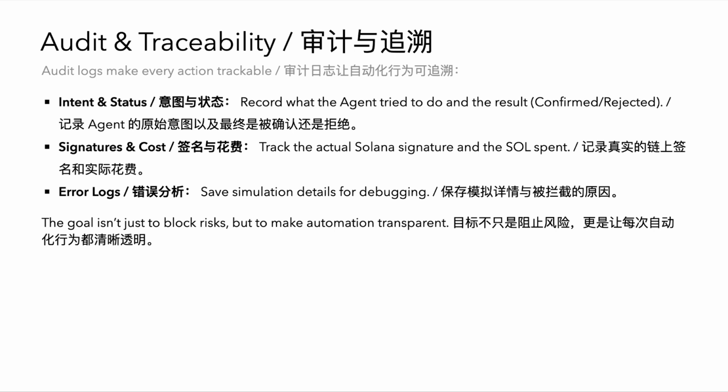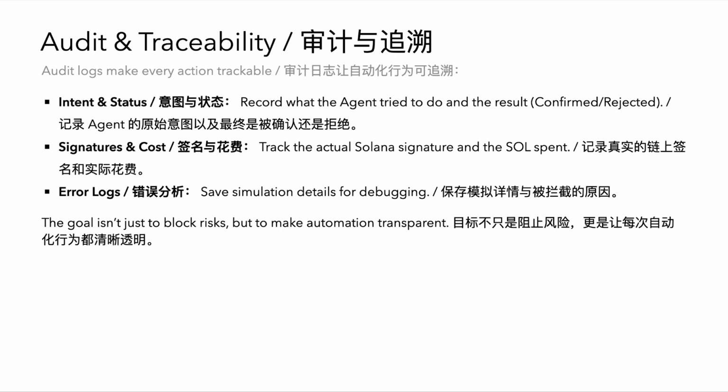Security is not only about blocking transactions, it is also about understanding what happened. Solana Agent Wallet records audit logs for every execution attempt. The log includes the agent's intent, the final status, the Solana transaction signature if the transaction was confirmed, and the actual cost. For rejected requests, the wallet records the error reason.